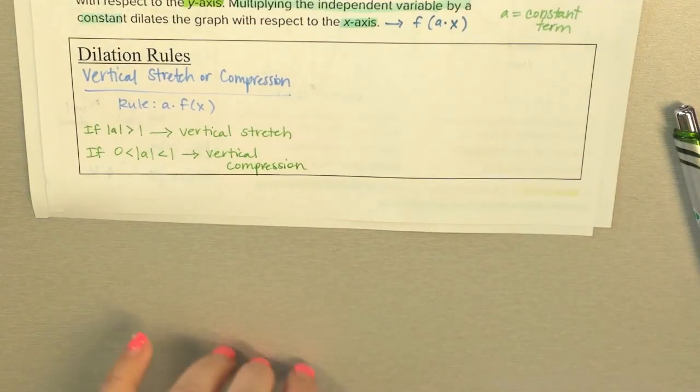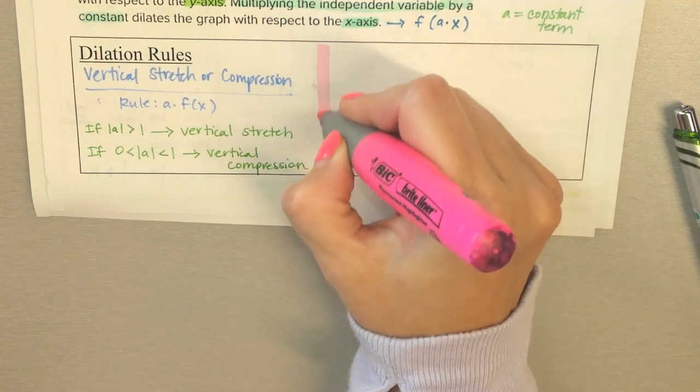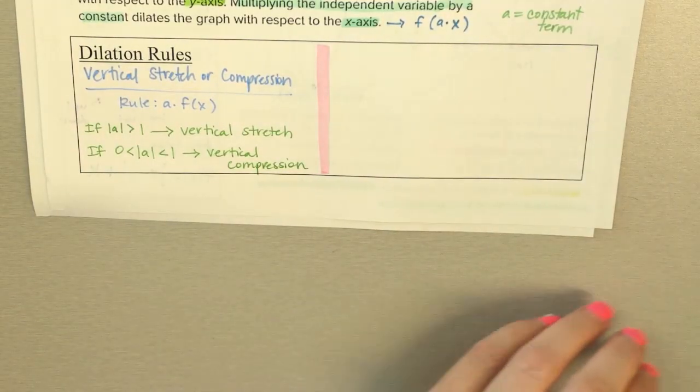We're taking the absolute value because we want to see what's happening when you're using that positive value. The negative is actually going to represent something else that we're going to talk about.